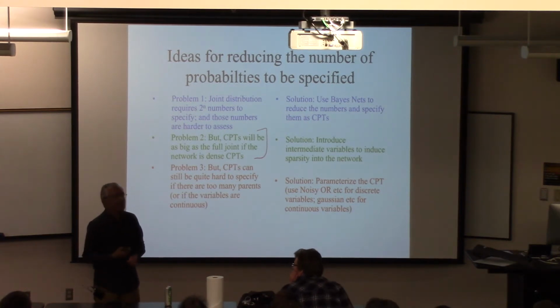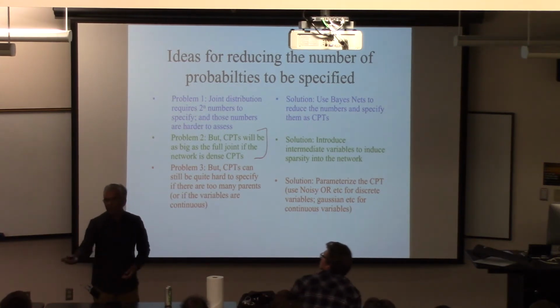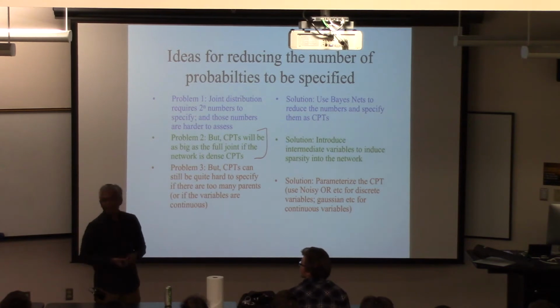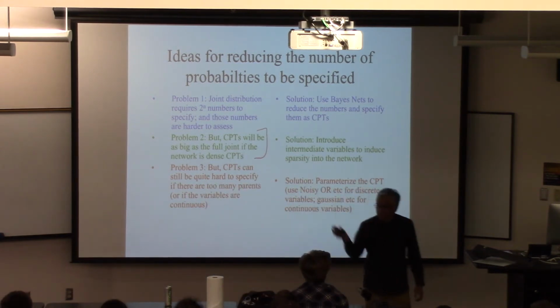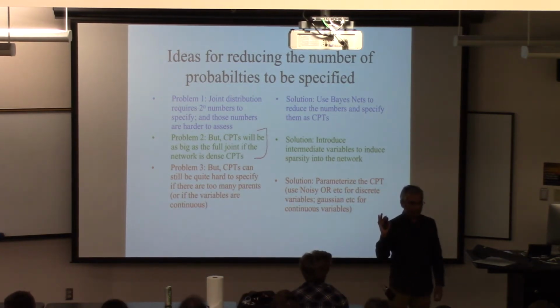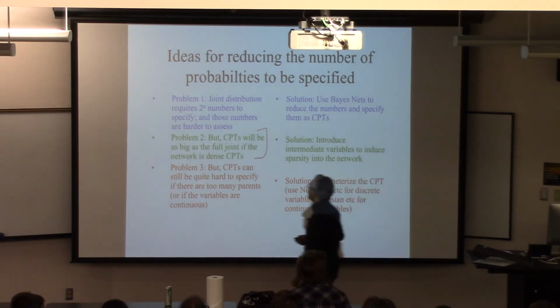How many numbers do you need for the normal distribution? You need the mean and you need the variance. That's it. And then you plug it into a particular expression to compute the probability distribution. So the normal distribution is an additional assumption over and above everything else you did. Do you see what I'm saying? So that's how you actually reduce the number of numbers.